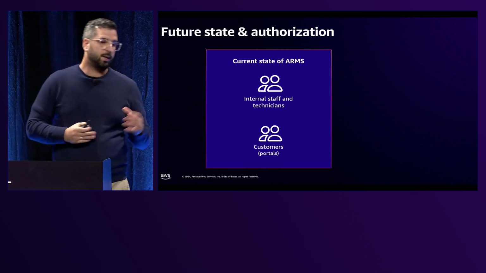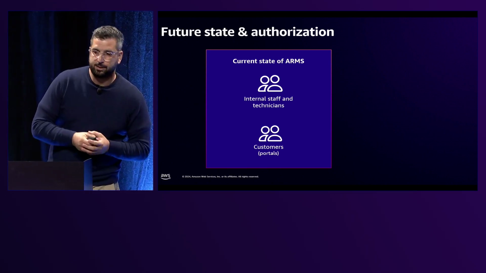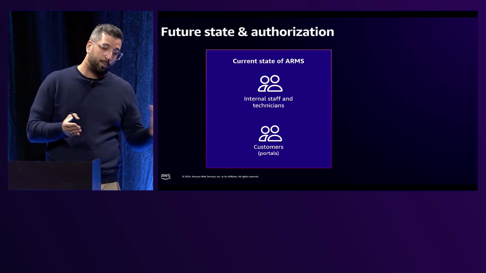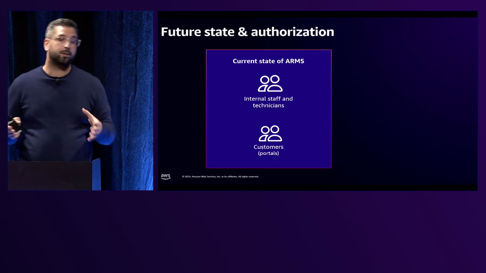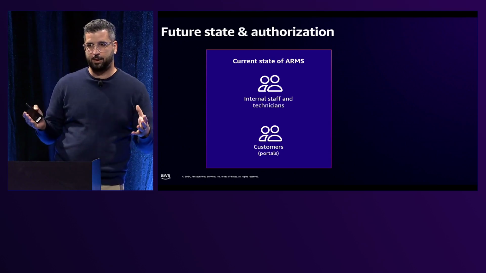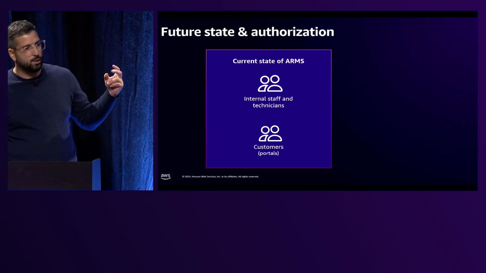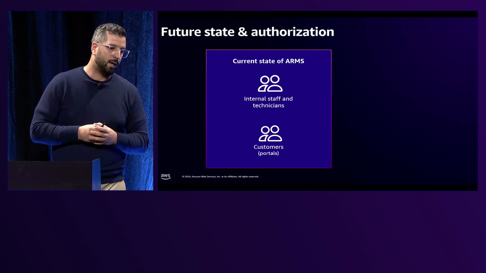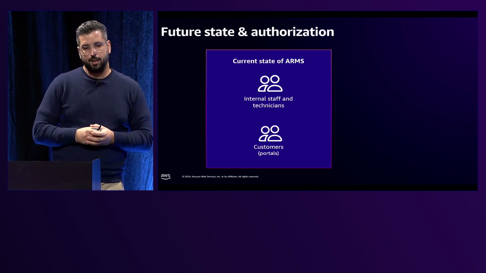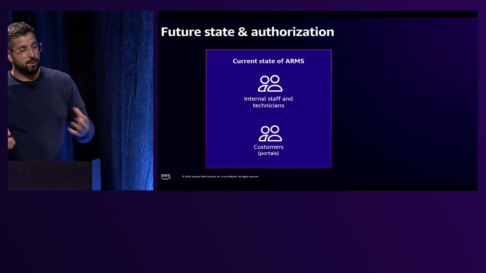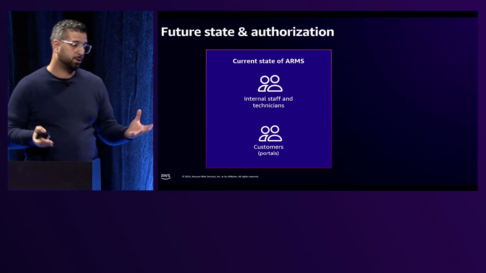And really looking at the future state authorization, I guess it's good to discuss the evolution of ARMS. And in its current state, or up until now, ARMS was really an internal tool with two versions. One was the back office version, where we had our traditional ERP capabilities, allowing us to coordinate resources to do their work on site. And on the other side, we had field services capabilities that would allow our technicians to conduct their work whilst on site.